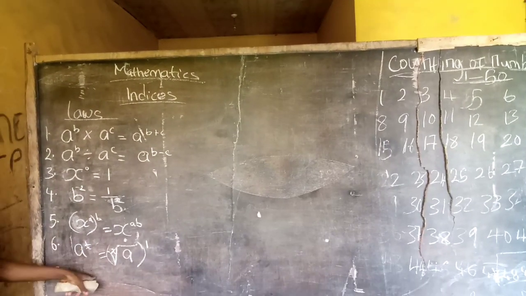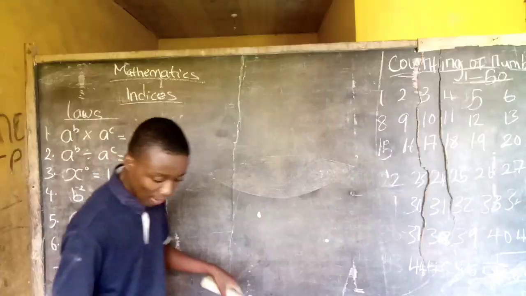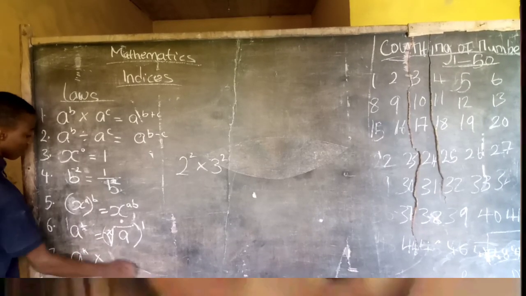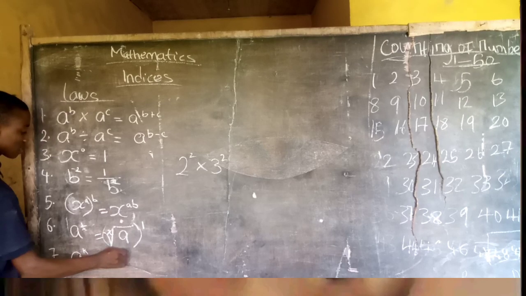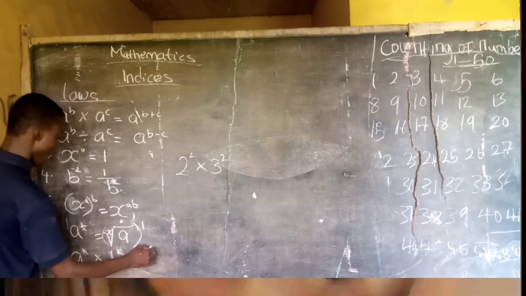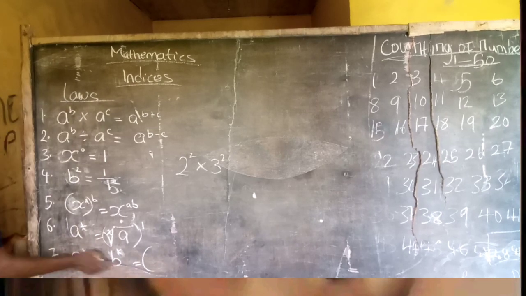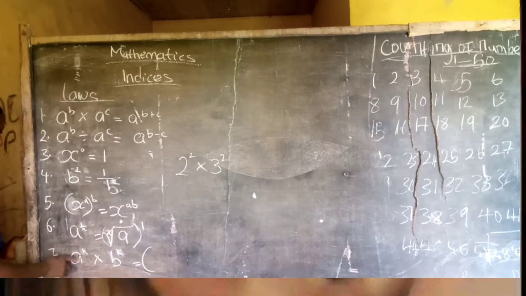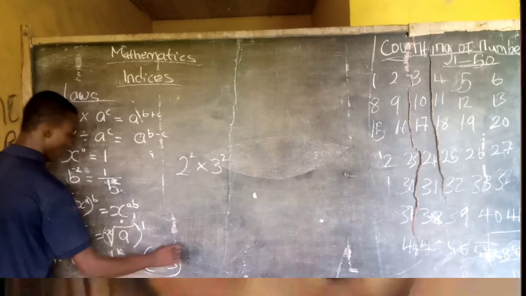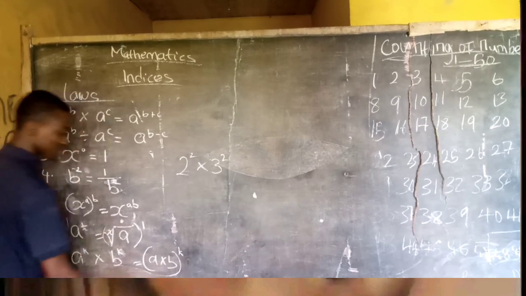I just explained that if in case it's a value a to the power k multiplied by b to the power k, then we can do what? I will multiply the base, a multiplied by b, and I will take 1 power k. Did you get?